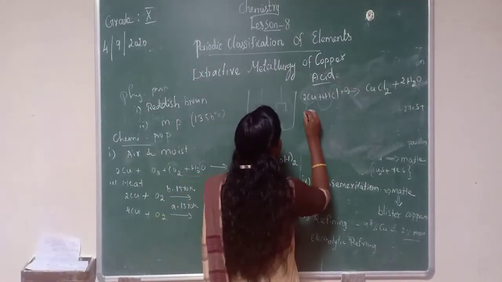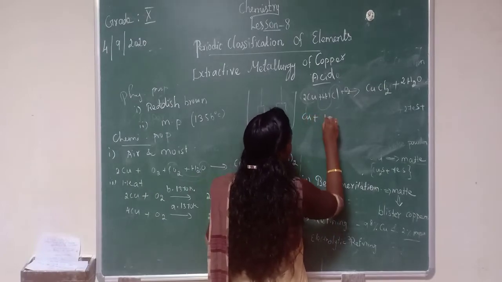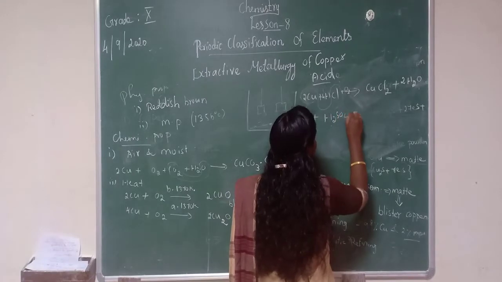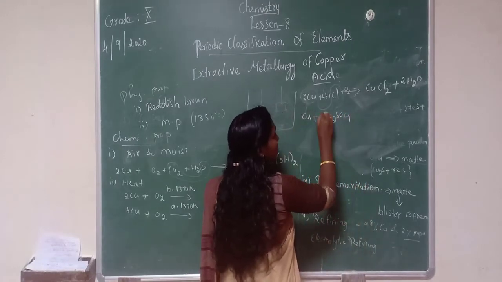Then copper reacts with sulfuric acid. What is the sulfuric acid formula? H2SO4. Copper reacts with sulfuric acid.